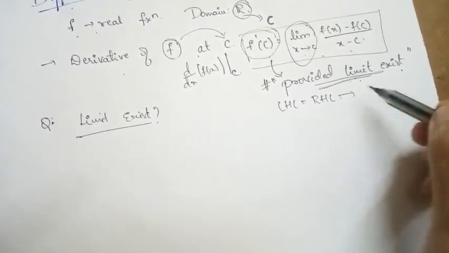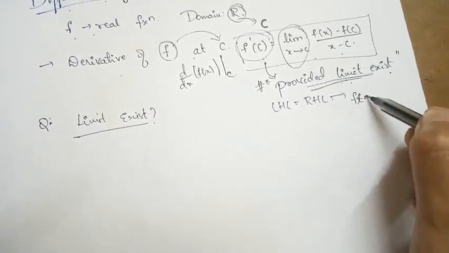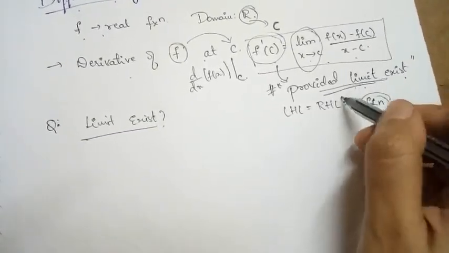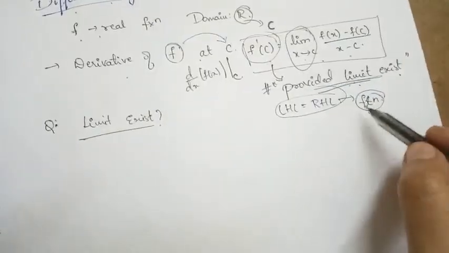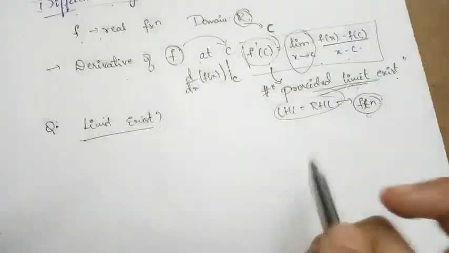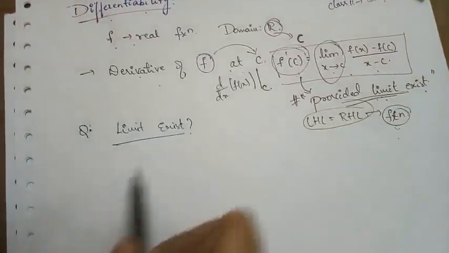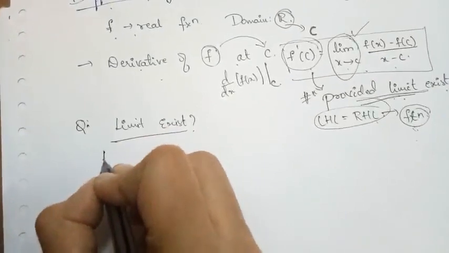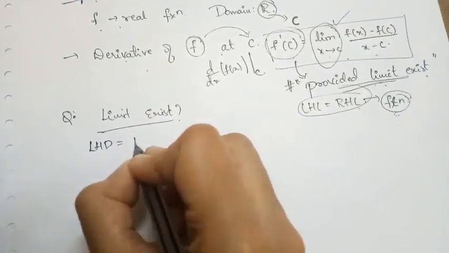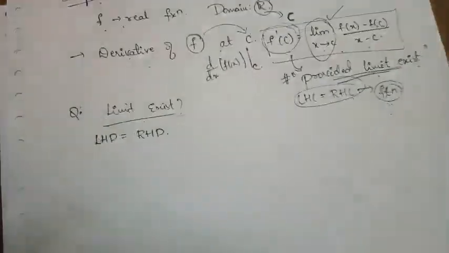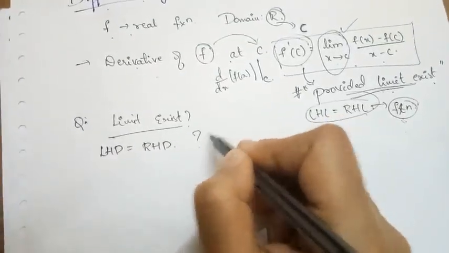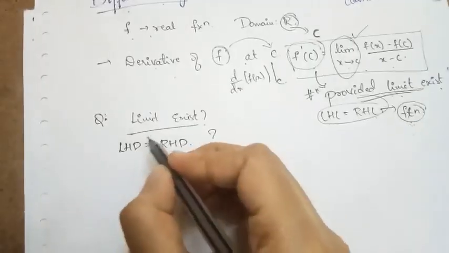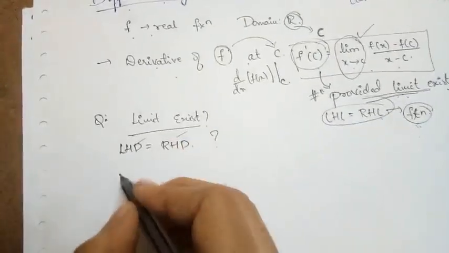Since here we are talking about the derivative, the limit exists when the left hand derivative is equal to the right hand derivative. Now my question: what is this left hand derivative and what is this right hand derivative? Let us understand them one by one.